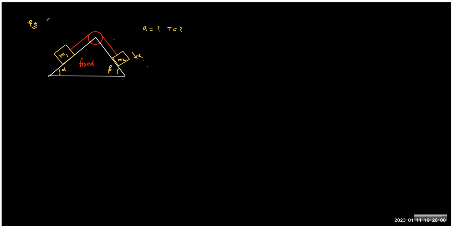Very good. So acceleration is correct. So you can calculate the tension. Sir, is it a right angle triangle or they haven't given? No, no. Alpha beta is given. Okay.